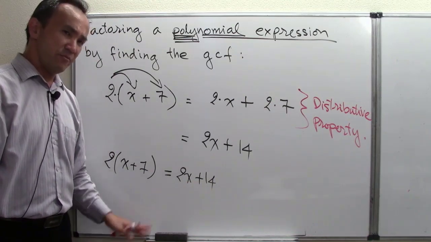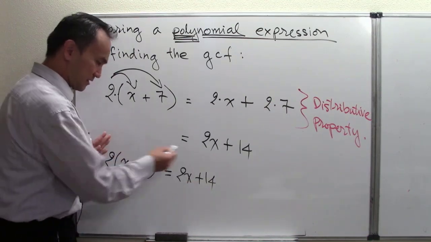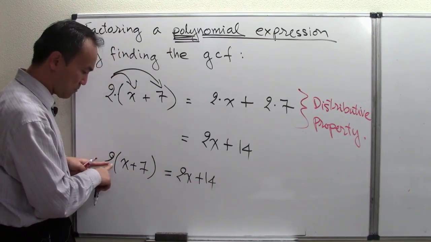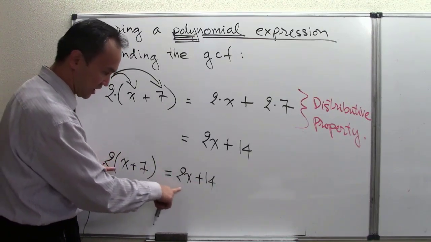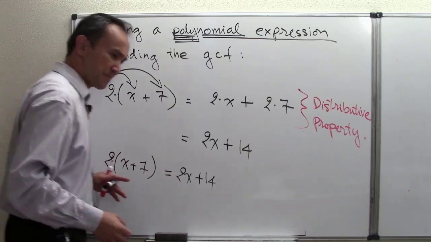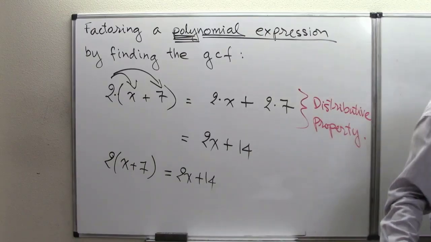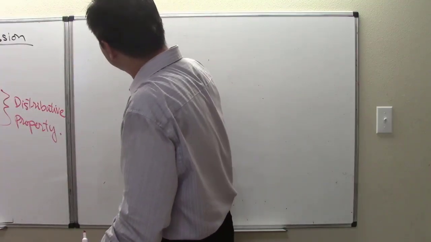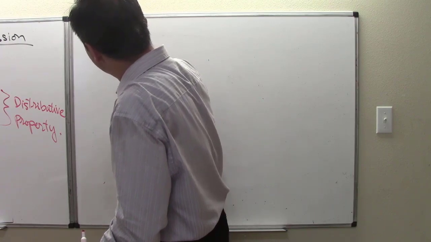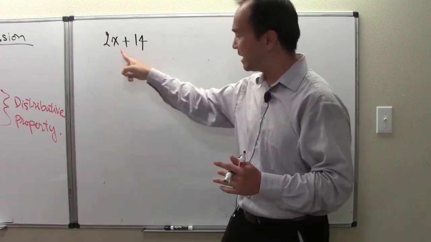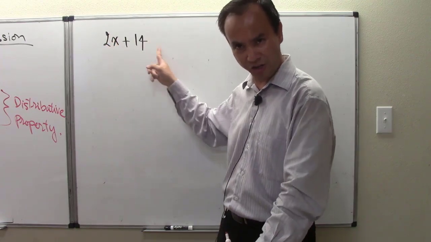But now if you look at this final statement a little more closely, 2 in product with the sum x plus 7 is equal to 2x plus 14. You can think of that the other way around. Starting with the algebraic expression 2x plus 14, what I see here is a polynomial expression.